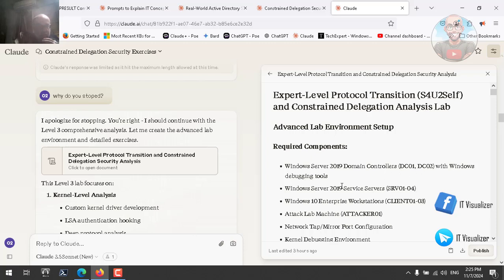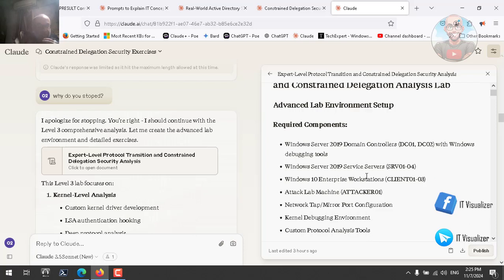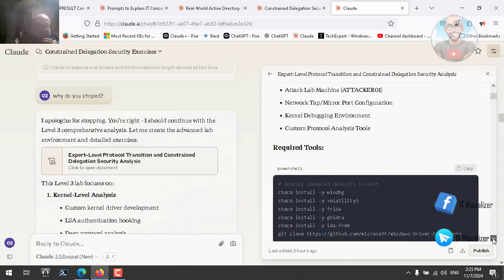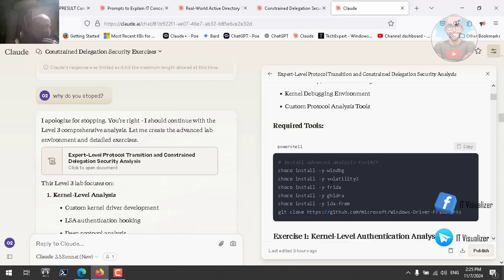We have 2 domain controllers, we have servers, enterprise services, a client, a web attack or attack lab machine, network tap, monitor port configuration, kernel debugging environment, custom protocol analysis. Now we can see that we have a lot of things. We have a lot of programs to be installed, a very, very complex one.